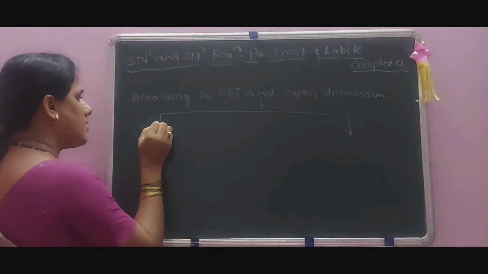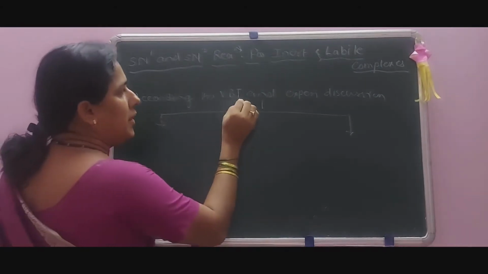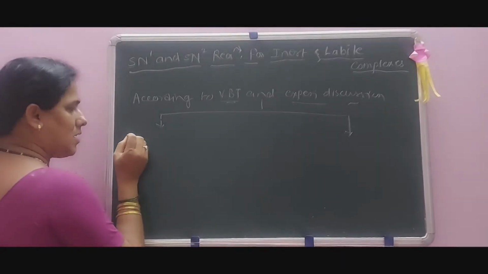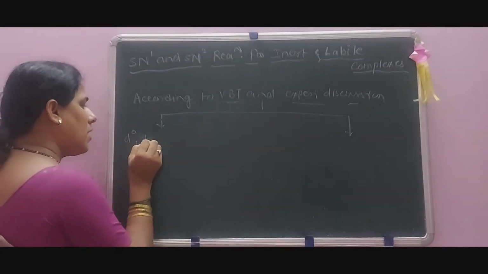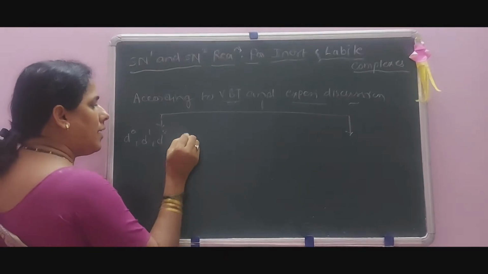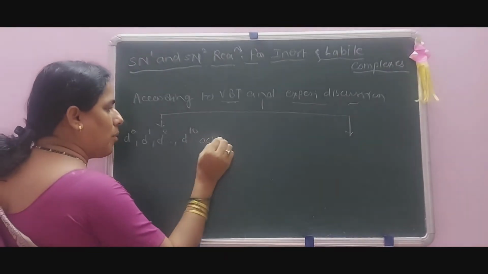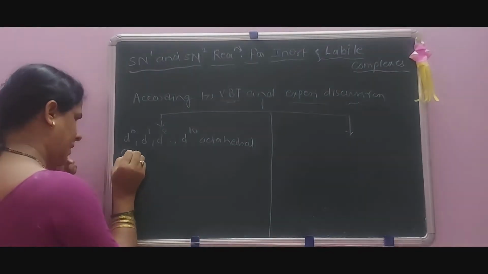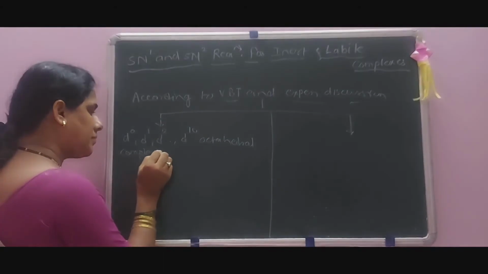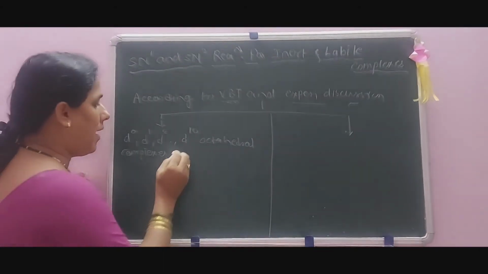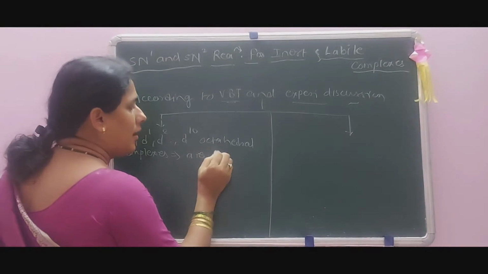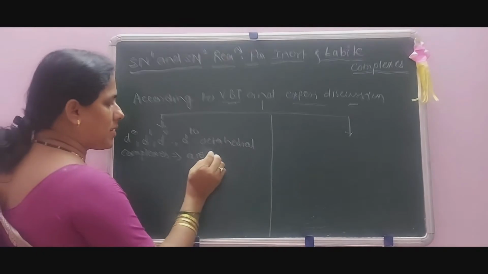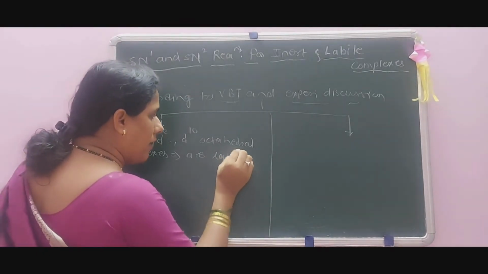According to VBT and the experimental discussions, the complexes of the type D0, D1, D2 and D10 octahedral complexes are labile ones.